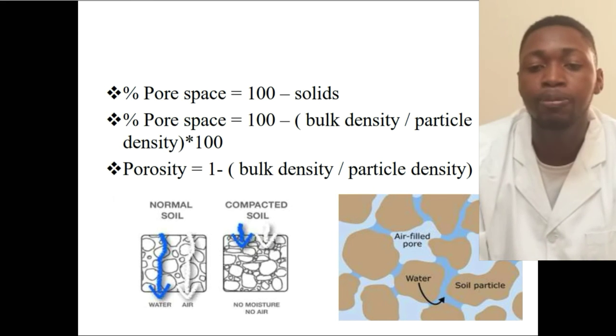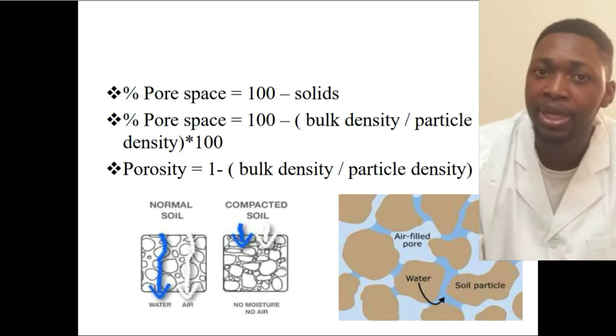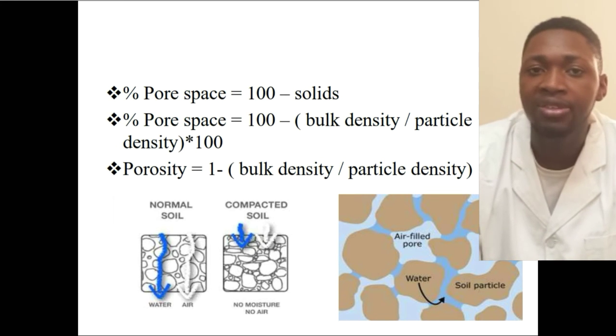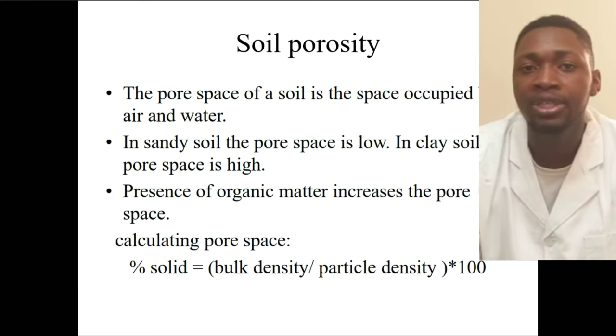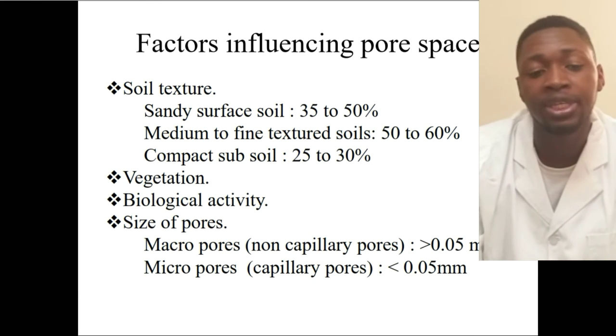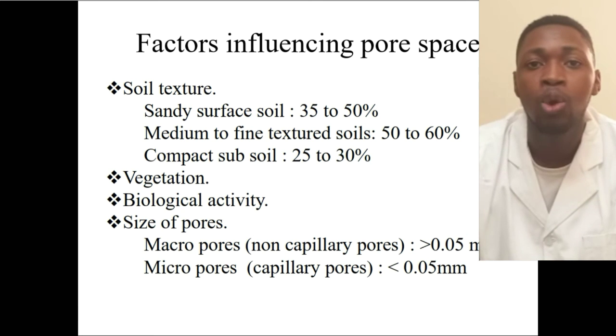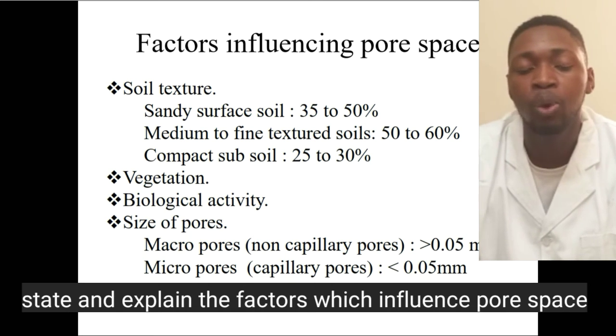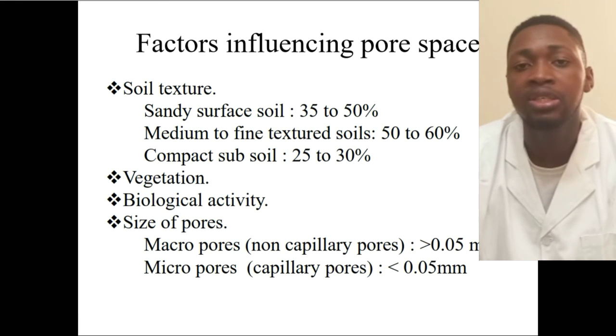Factors influencing pore space. What determines the space of a pore? We have factors like soil texture, vegetation, biological activity, and size of pores. When we talk about size of pores, it is categorized into three main groups.